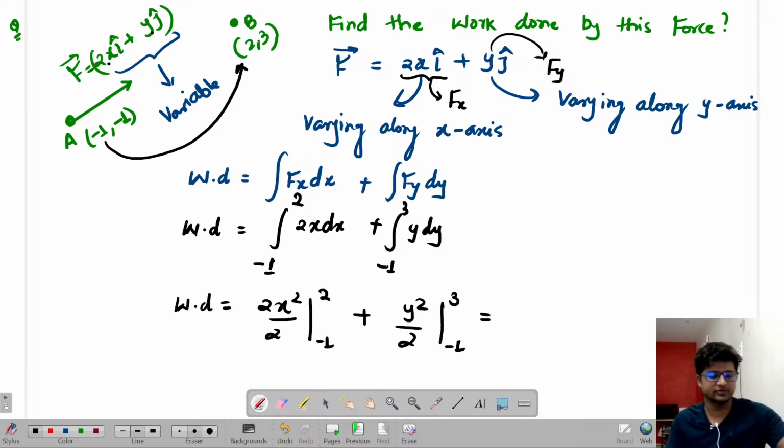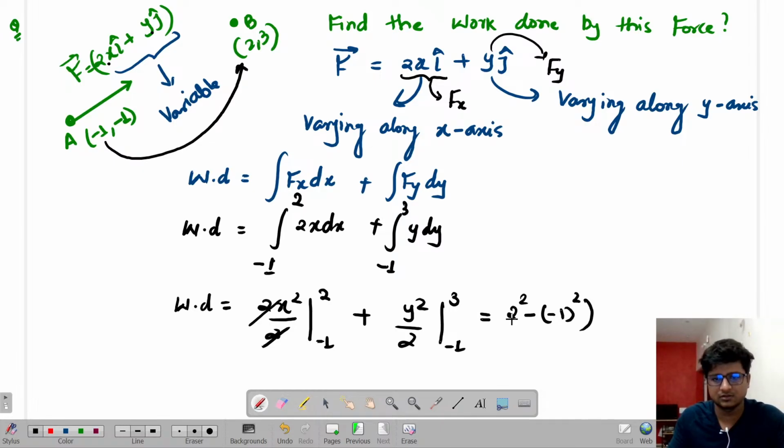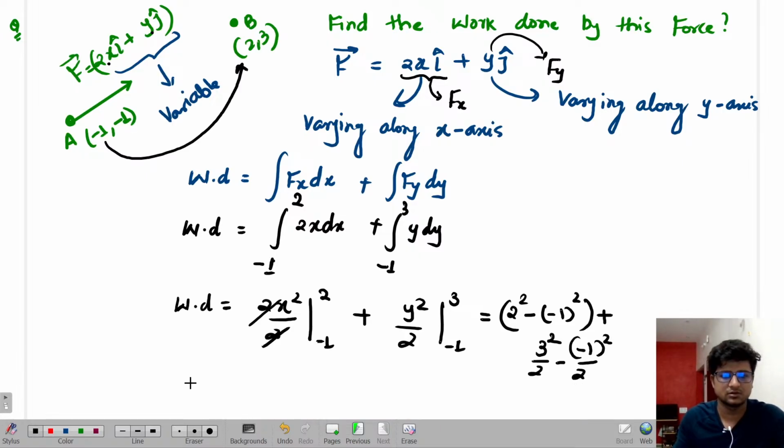This gives how much value? Solve it. The 2 will cancel. This will be 2 square minus (-1) square plus 3 square upon 2 minus (-1) square upon 2.